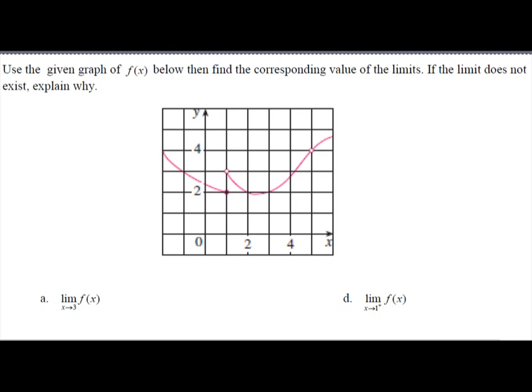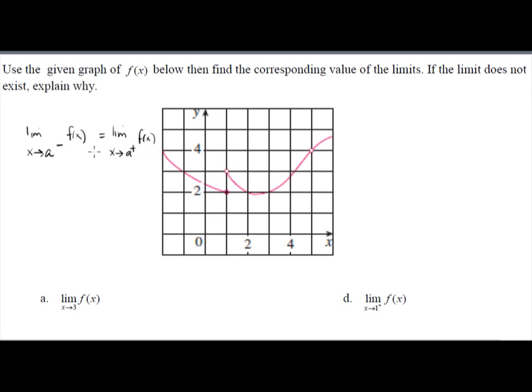Okay, the key idea in getting the limit as x approaches a particular number is that you should take note that the limit as x approaches a particular number from the left, of any given function, must be equal to the limit as x approaches that same number from the right of the given function.